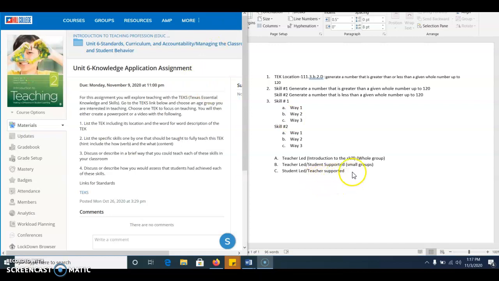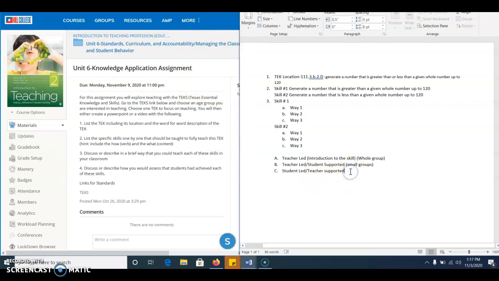Okay, so student-led, teacher-supported, and this is probably going to be small group again, or pairs, and that's where they're working together to probably solve some questions that they're pretty much on their own doing the work, leading the discussion, demonstrating their knowledge, but they're not 100% on their own.